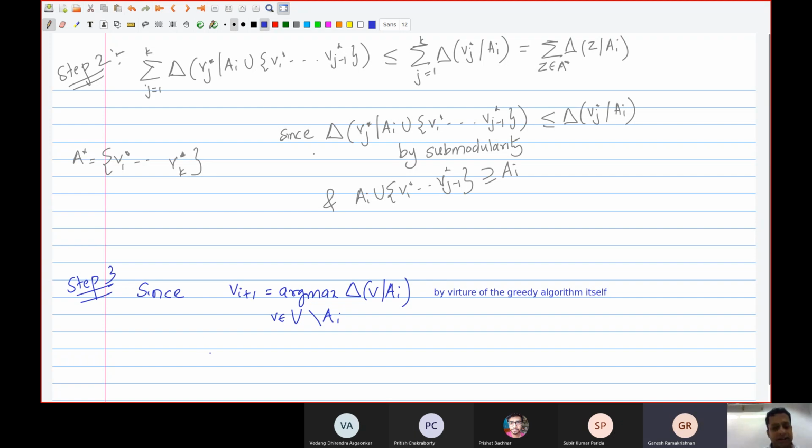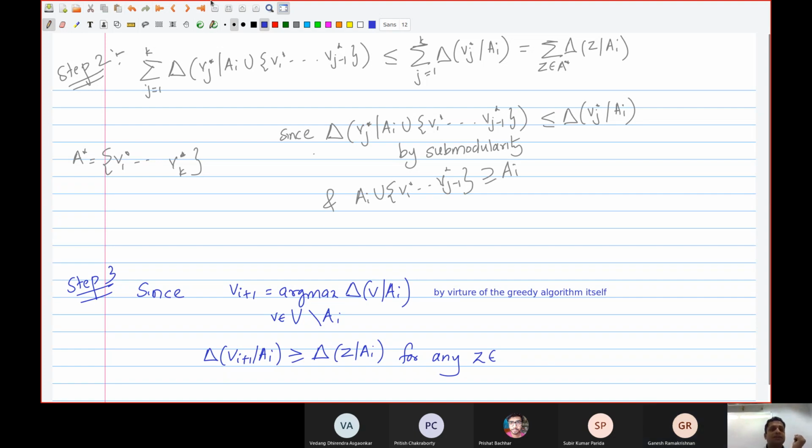Therefore, what I can say is the delta Vi plus 1 given AI cannot be less than the delta Z given AI for any Z in V, so it should not be in AI.